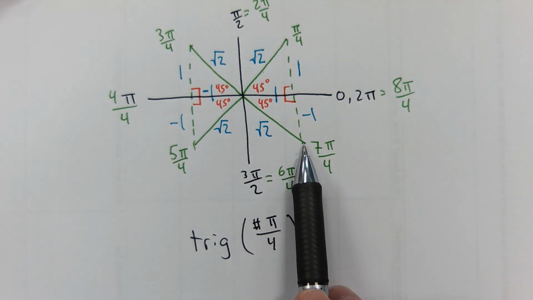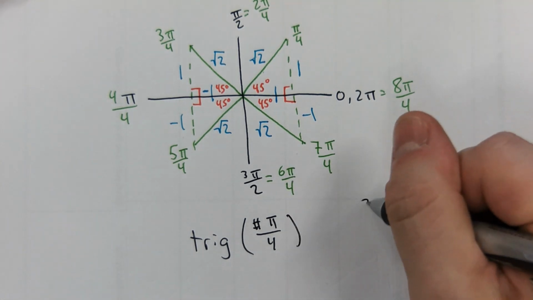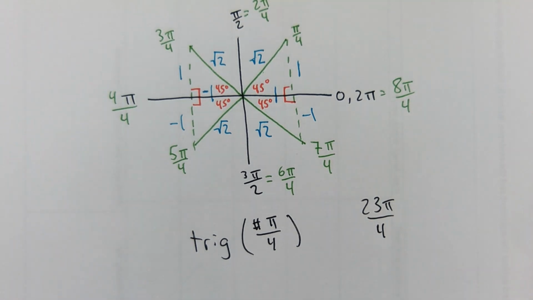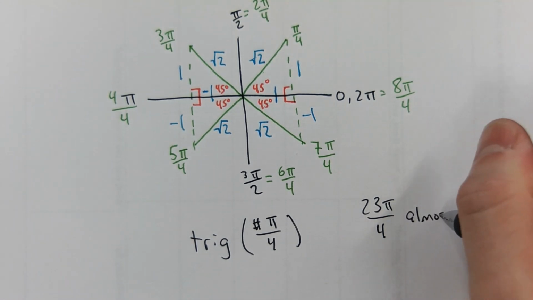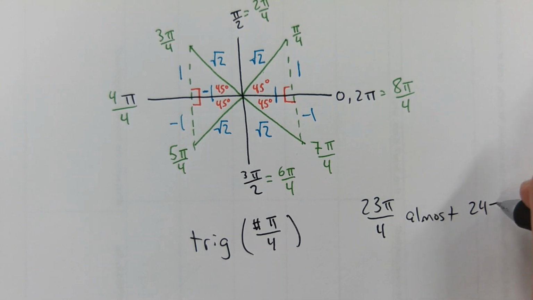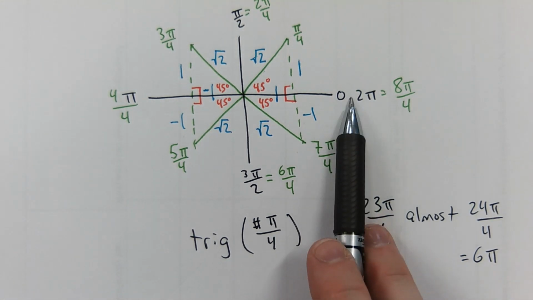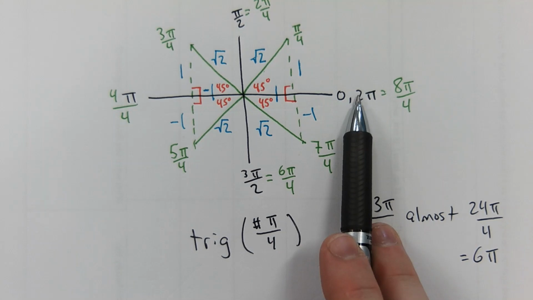Or we could have said that 23 pi over 4 is almost 24 pi over 4, which is 6 pi. So this being all of the even pi's, 0 pi, 2 pi, 4 pi, 6 pi, I would need to be 1/4 of a pi, or 1 pi over 4, before this.